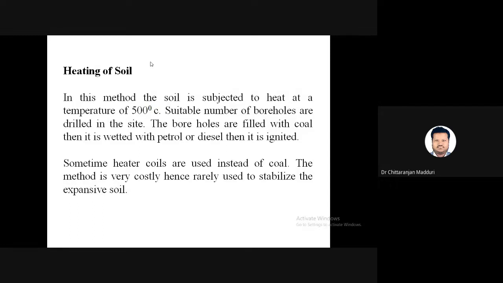The method is very costly, hence rarely used to stabilize the expansive soil. The purchase of coal and also heater coils is very costly, and heater coils consume more power. That's why this method is not recommended in the case of expansive soil, because it is highly expensive in nature.